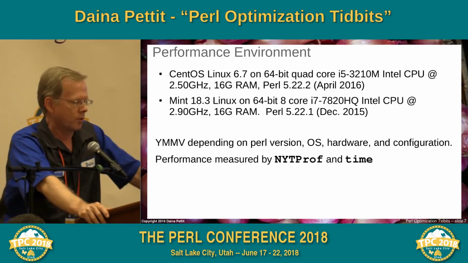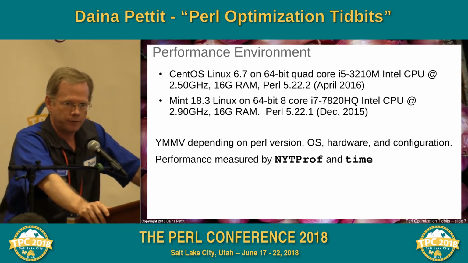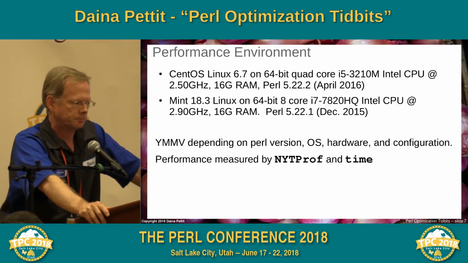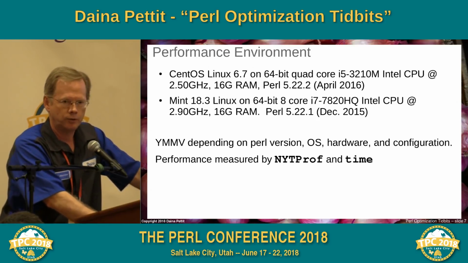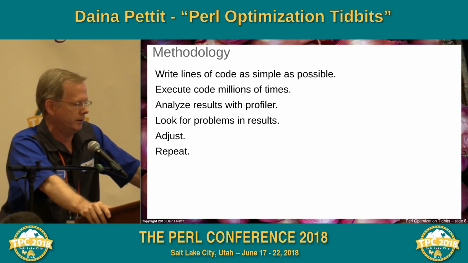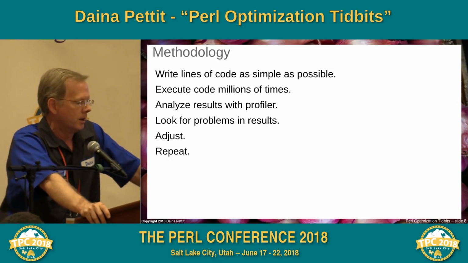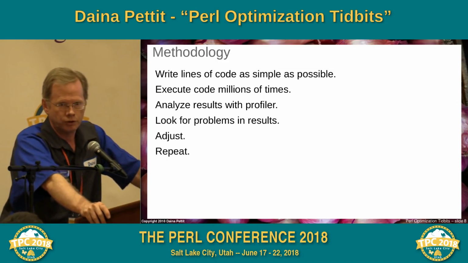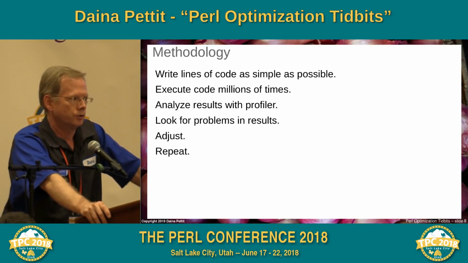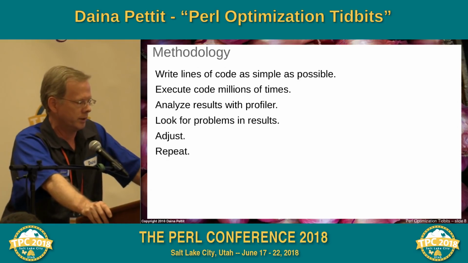We measured our performance using NYTProf and time. The interesting thing is we found some deficiencies that we'll point out in the measuring of code execution. So the way we did this was we tried to write lines of code as simple as possible, using as few external things as we possibly could.